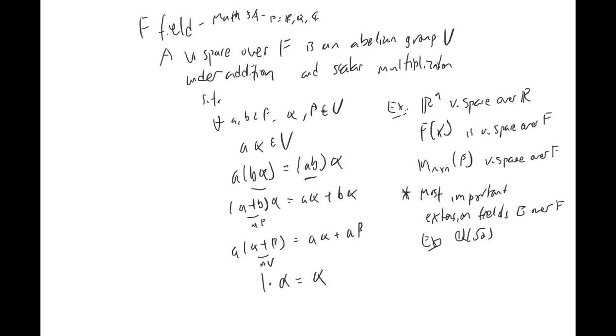Okay, moving on, I'm just gonna state this theorem because we're not proving everything from scratch. If V is a vector space over F, then 0 times alpha equals 0, and a times 0 equals 0.